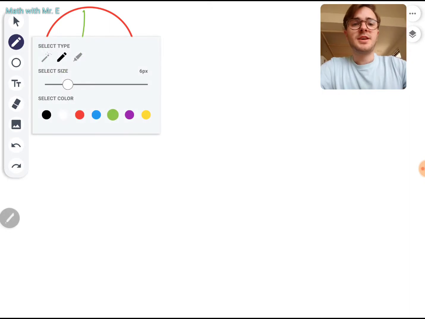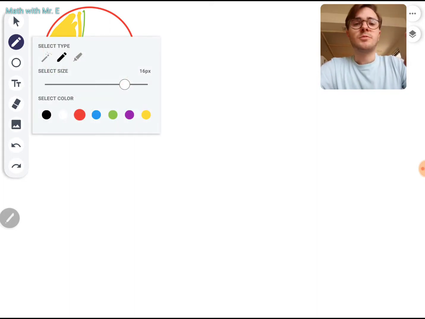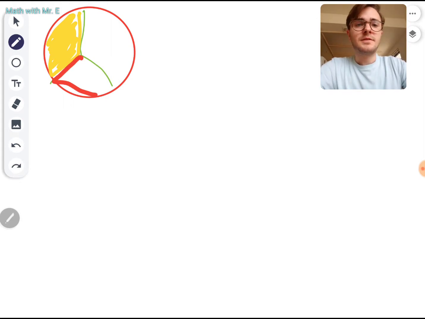So we'll have one of them be, let's say, yellow. Okay, we'll just do our best to shade that in real quickly. So one of them will be yellow, one of them will be red, and one will be blue.